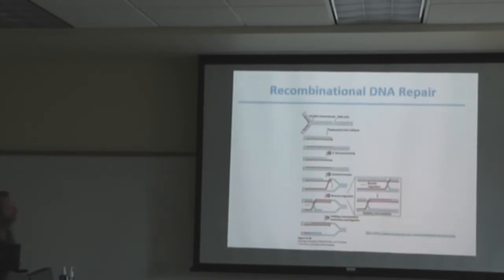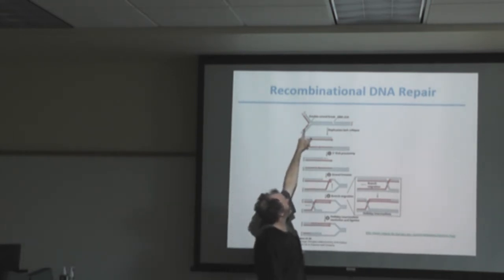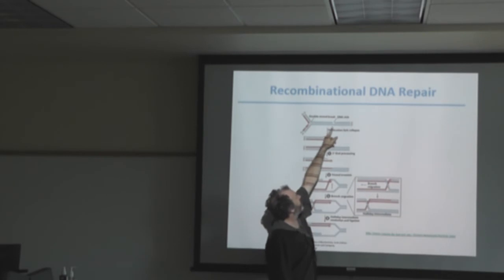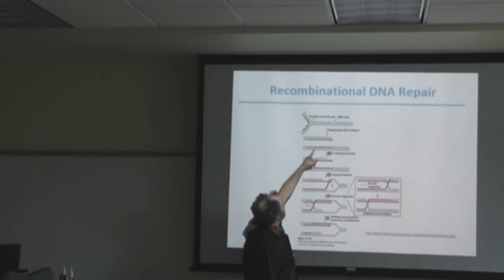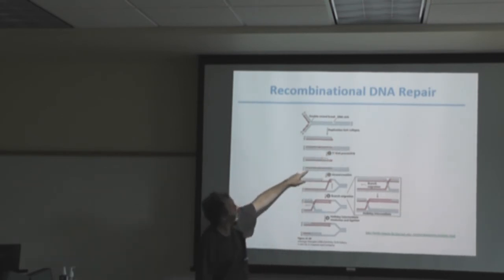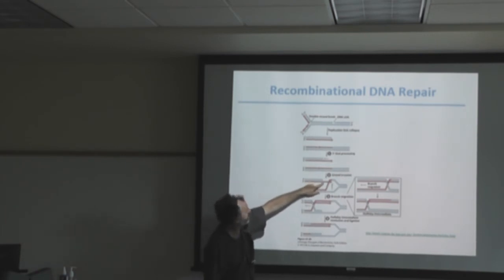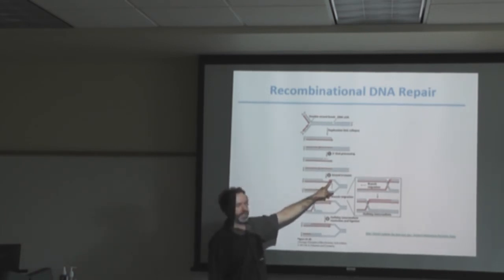So you get a double-stranded break. Here you have a DNA nick, the replication fork will collapse, and you'll have a blunted end, and then this end, and they can come in. You can get strand invasion from this end to this, because they're homologous basically.